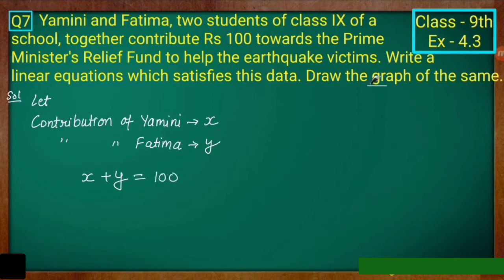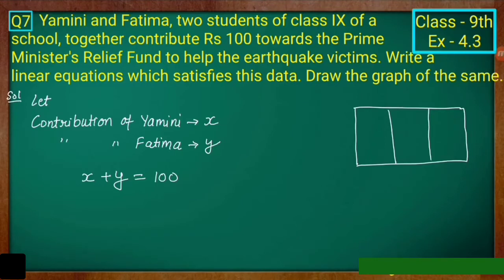Now this is the equation for the given condition. We also have to draw the graph for the same. So let's make a table here, x and y. We can substitute any value for x or for y. Together they collect ₹100.